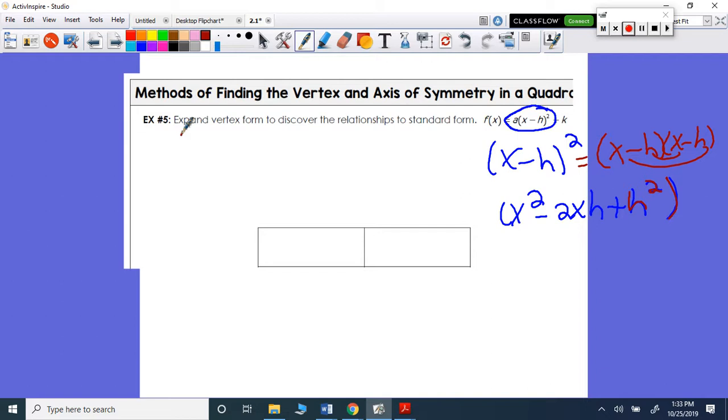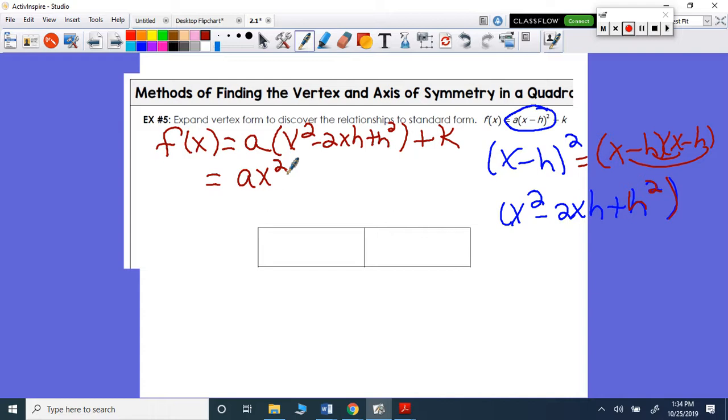Because if I write this vertex form, I'm going to write the a and rewrite what Chase just told us. And I haven't used the k. What this is, ax squared minus 2axh, I'm just distributing.